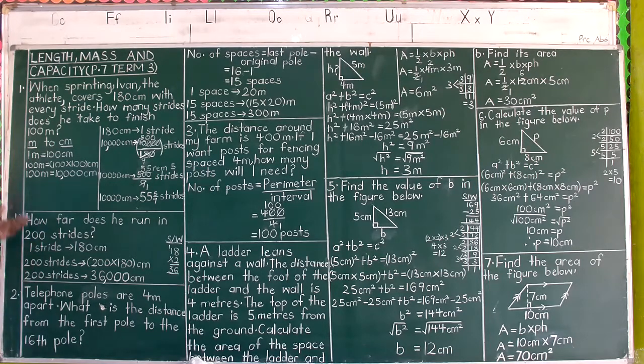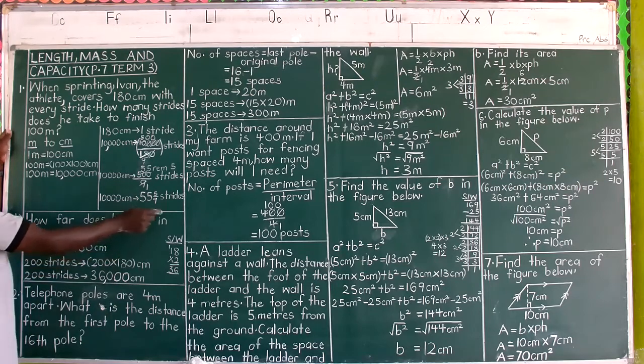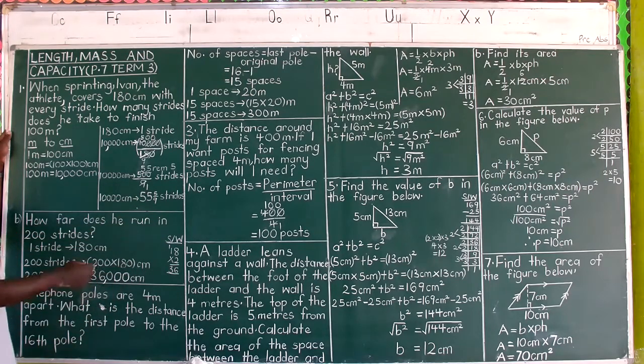If you want to convert to meters, as the question here is open, you can leave it in centimeters, or if you want, go to meters when you divide this by the equivalent of a meter in terms of centimeters. Remember, 1 meter is 100 centimeters, so you state very well 100 centimeters make a meter. What about 36,000 centimeters? 36,000 divided by 100. 2 zeros, of course, we go off.